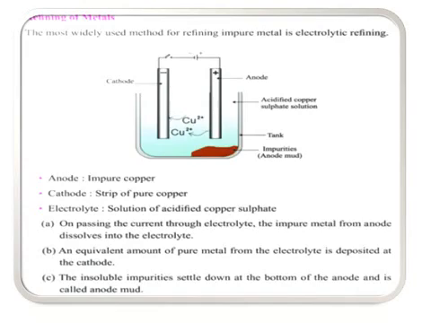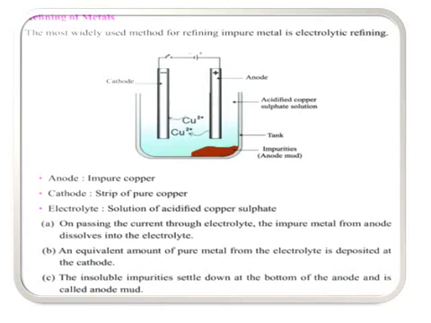This cycle is repeated until the whole of the metal from the impure block is dissolved and deposited on the cathode. The soluble impurities go into the solution, whereas the insoluble impurities settle below the anode and are known as anode mud.